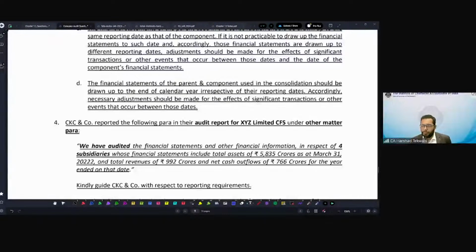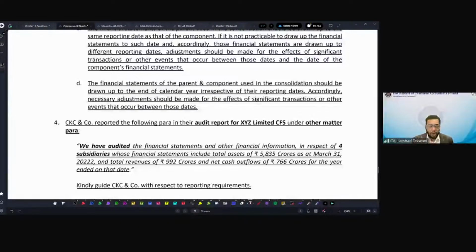To identify related party transactions and related parties, with respect to the other matter paragraph. So think whether the other matter paragraph which is given as of now is correct or not. If not correct, then what is missing in this other matter paragraph?